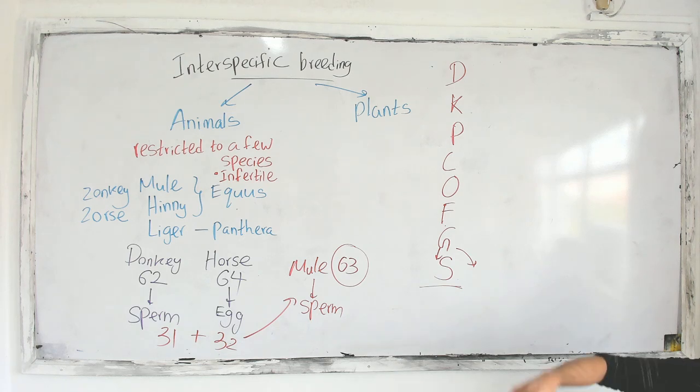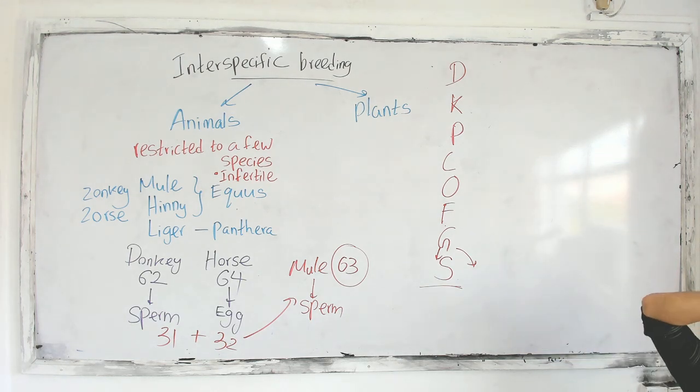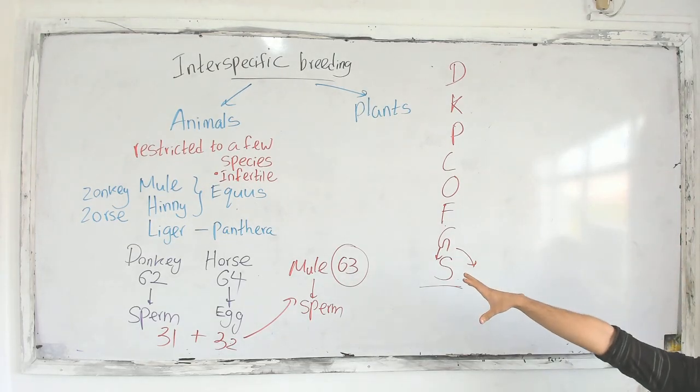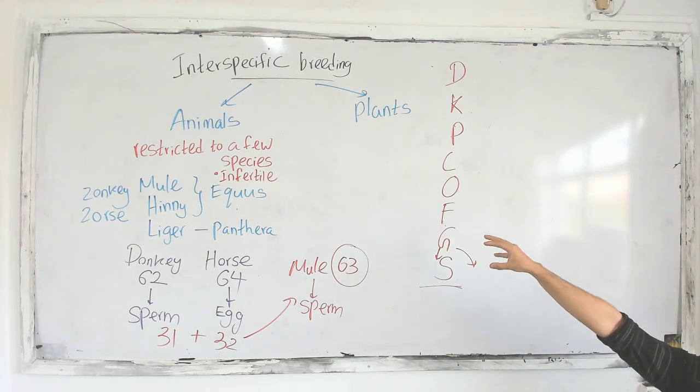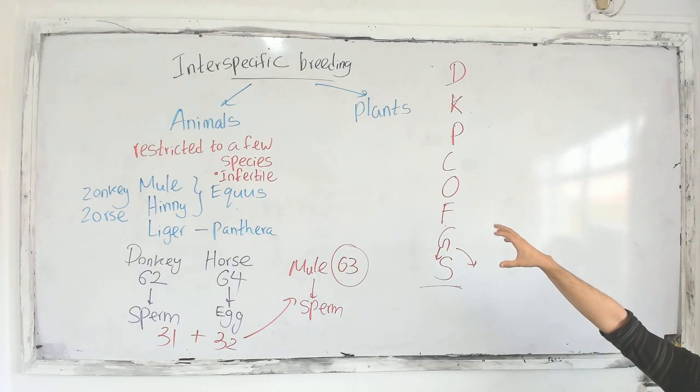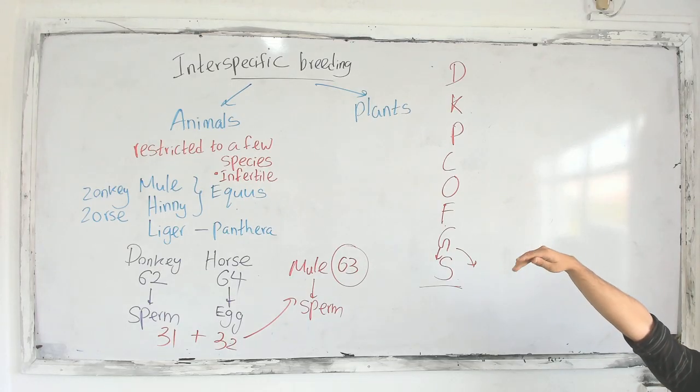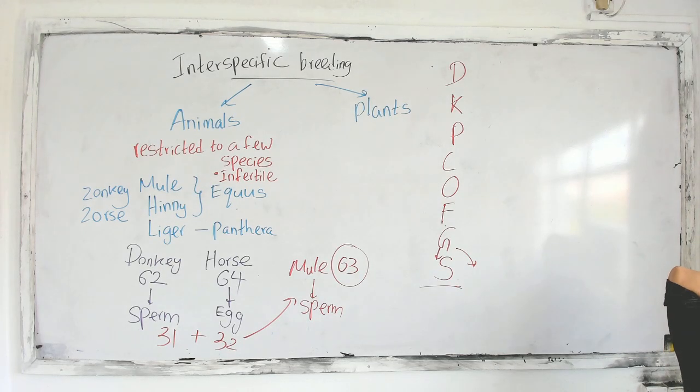If you want a reminder, write down the taxonomy. Don't overestimate your memory. Write down the examples: mules, hinny, zonkey, zos. All those are genus Equus. Liger is in the genus Panthera because it is lion and tiger.